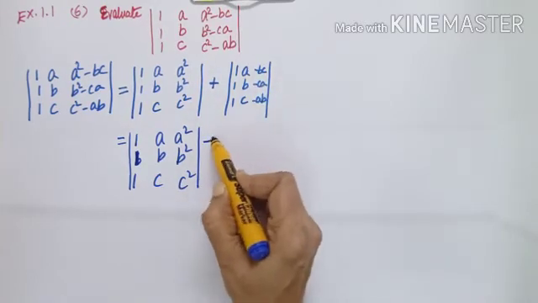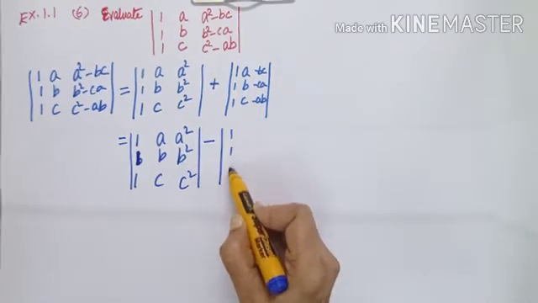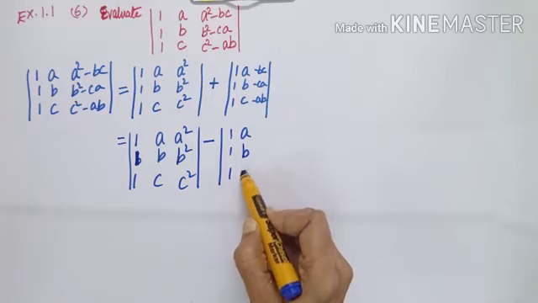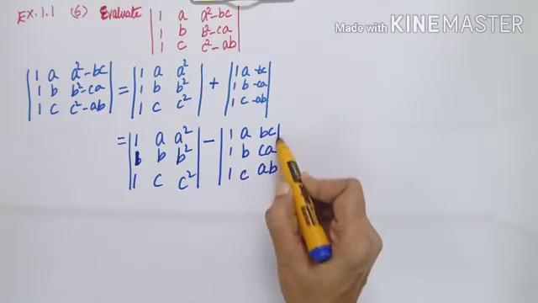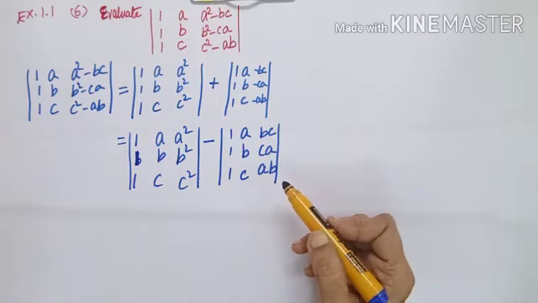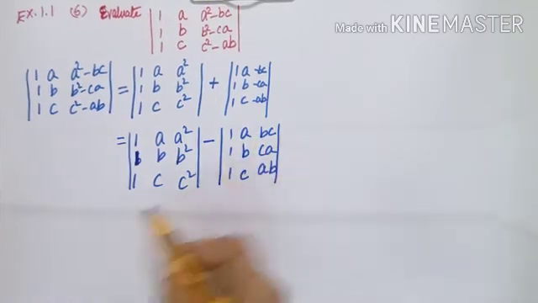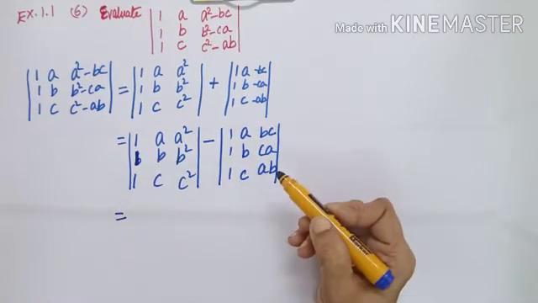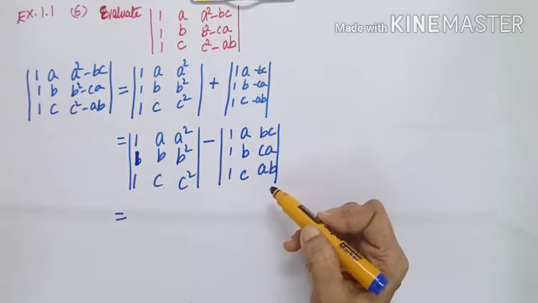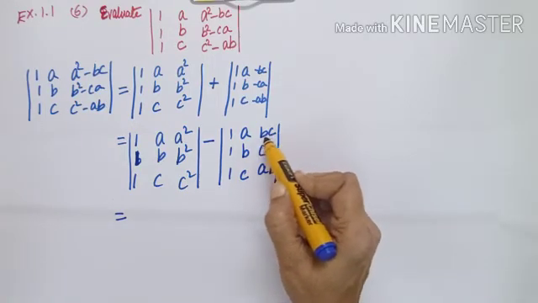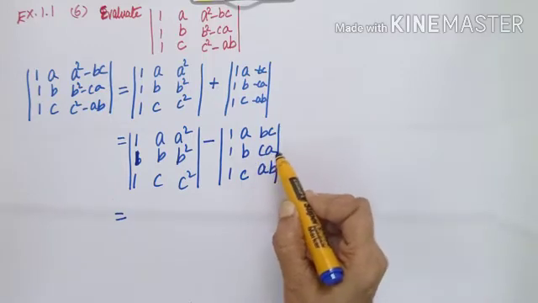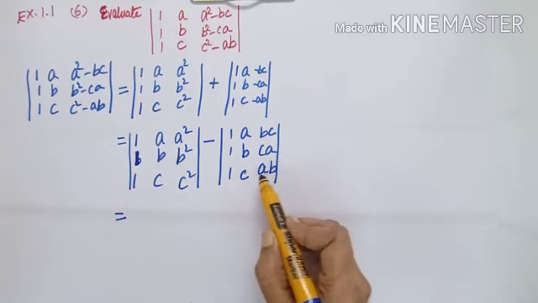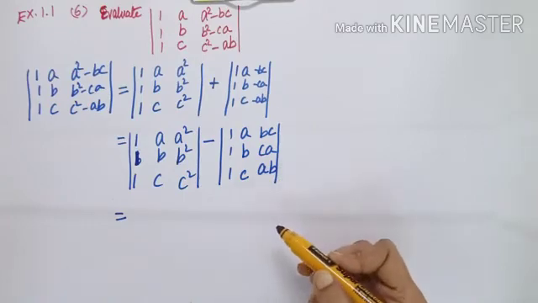Taking minus symbol from column 3, 1 1 1, ABC, BC, CA, AB. Now I want to simplify the answer by taking something common. Here BC is coming, A is missing. Here CA is coming, B is missing. Here AB is coming, C is missing.